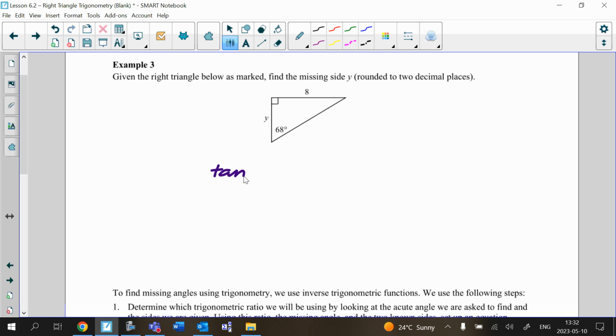In this case, it's 68 degrees. Equals opposite side to 68, which is 8, over adjacent side, which is y. There's my equation. Little bit different because this time the unknown side length is on the bottom.